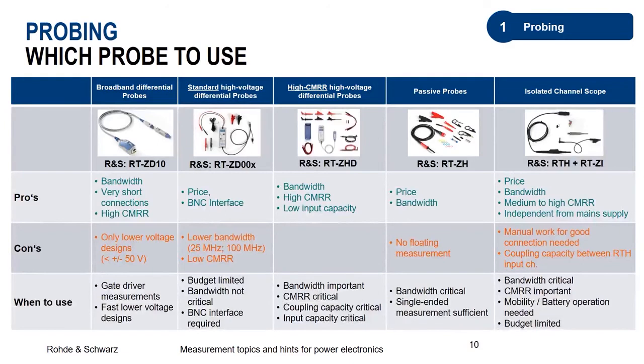Let me briefly give an overview of probing solutions. Which probes to use in what situation? I touched on the broadband differential probes already, so bandwidth is usually very good. One big advantage is that since they are designed for broadband designs and not natively for high voltage, the connections you can make with such a probe are usually very short.